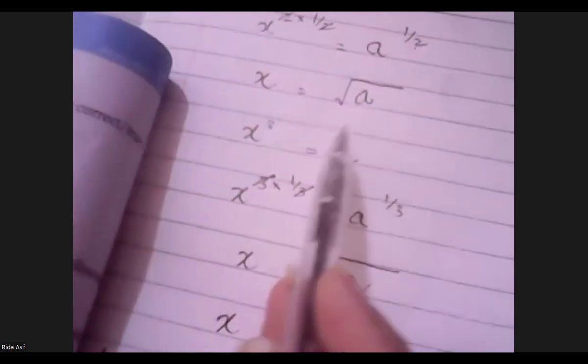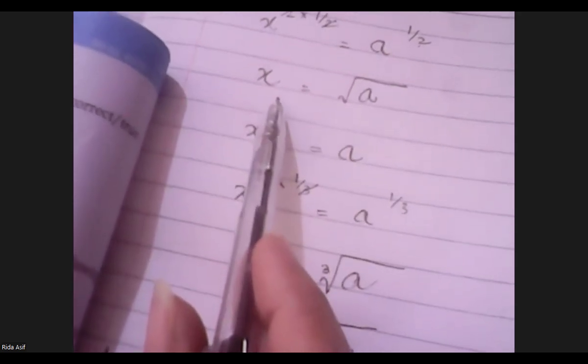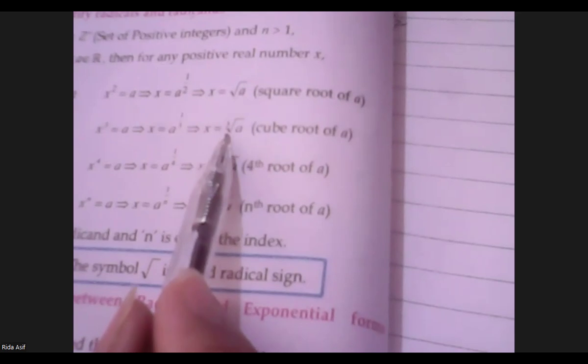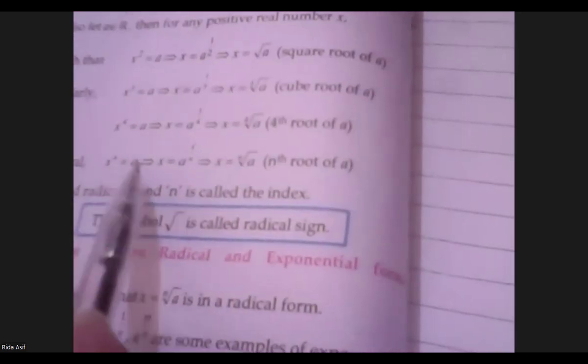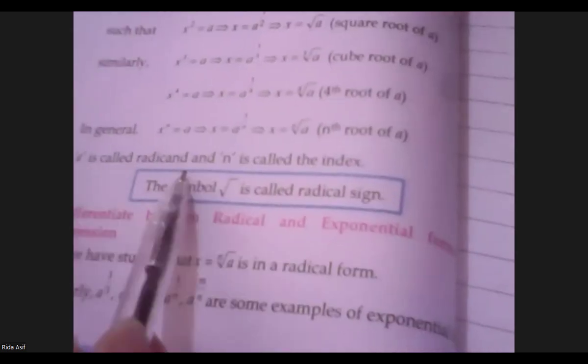I have already explained that the square root of a is equal to x. Similarly, if x power cube is equal to a, then we get x is equal to the cube root of a. In general, x power n is equal to a, then finally we have x is equal to the nth root of a. Here a is the radicand and n is called the index.